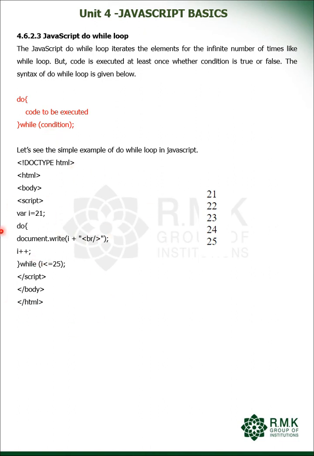So when you look into this program, first i will be displayed as 21. Then alone it is incremented. After incrementing, it will check whether it is less than or equal to 25. Till it becomes less than or equal to 25, the statement will be printed. So in do while, even if the condition is false, at least once it will display the output. This is the difference between while and do while.